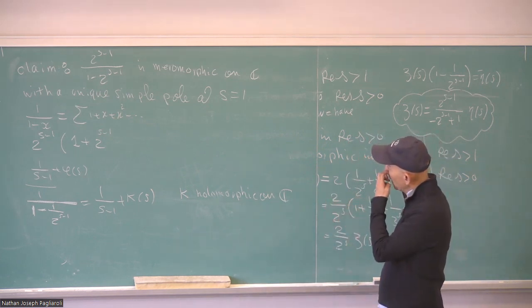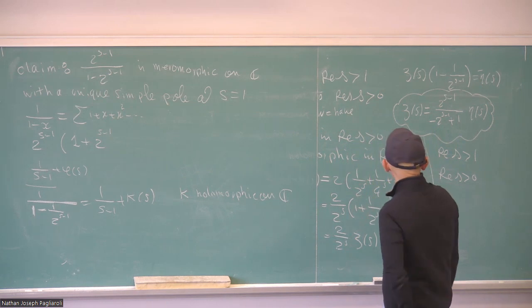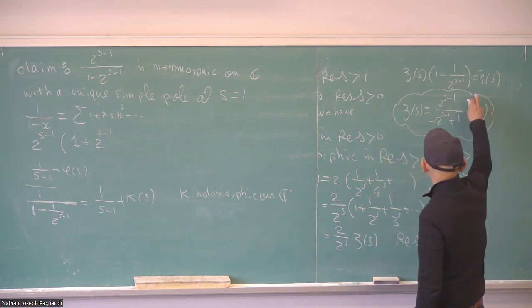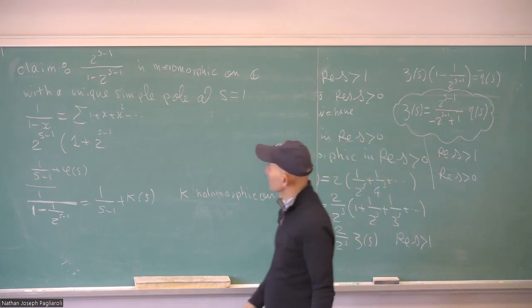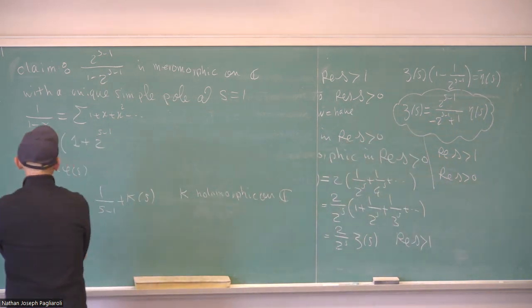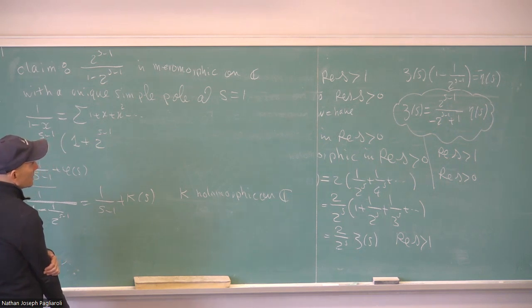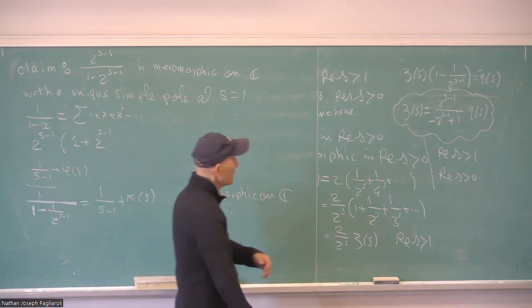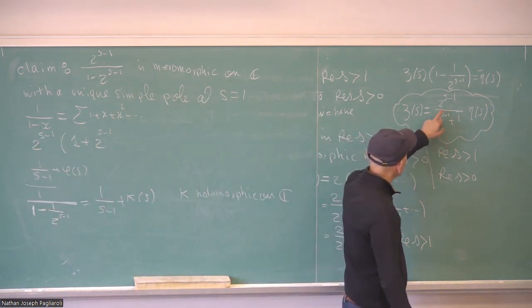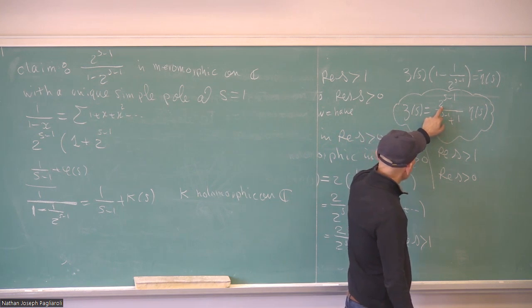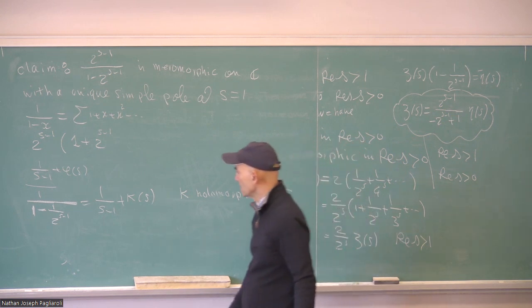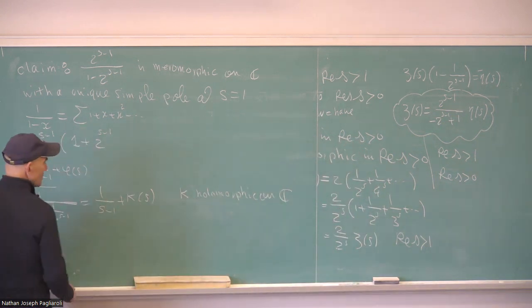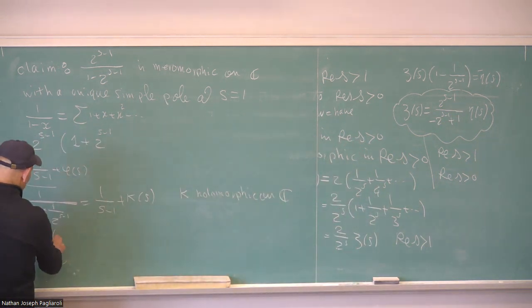Okay, so eta is holomorphic for real part of s bigger than 1. Though I still have this challenge: I have to see what eta of 1 is. So what was eta of s?